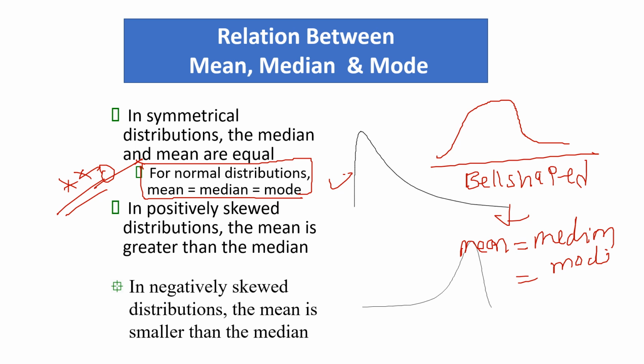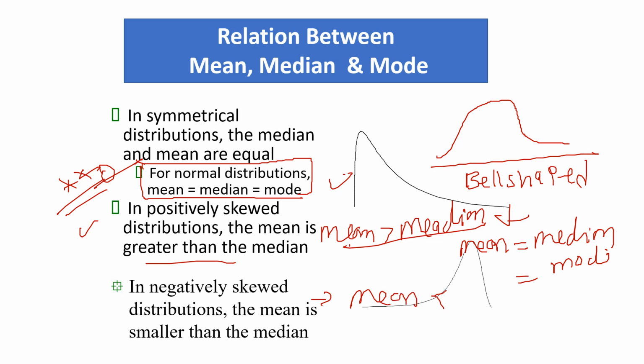Now what is positively skewed and negatively skewed? In positive skewed, the mean is greater than median, and in negative skewed, mean is smaller than median.